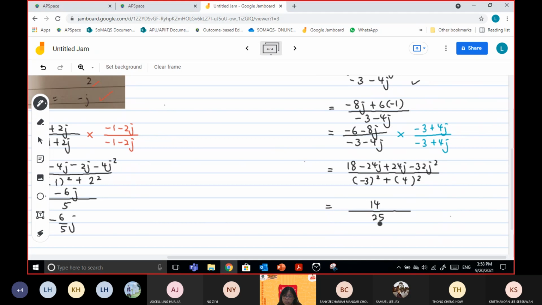Okay, so do you see anything wrong here? Or does it tally with your answer? Hold on. Do I have any careless mistake here? Okay, minus 3 squared, 4 squared. The top.